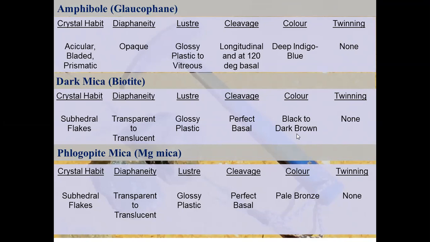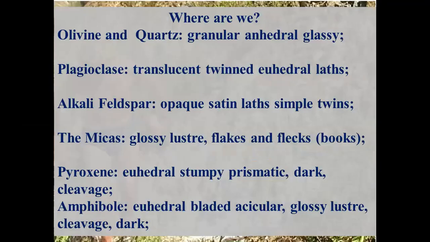And we had this other variety of a darkish mica, which is the magnesium mica phlogopite. And that was characterized by this pale bronze color indicated there. So those are some of the main aspects of what we looked at last time.